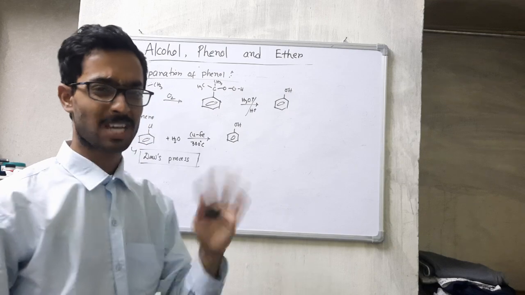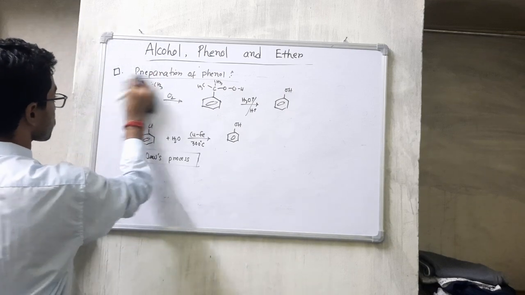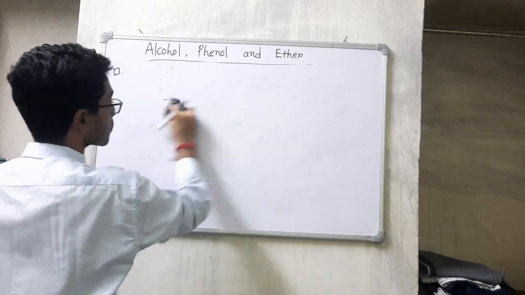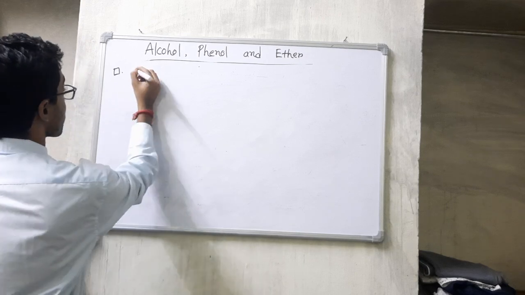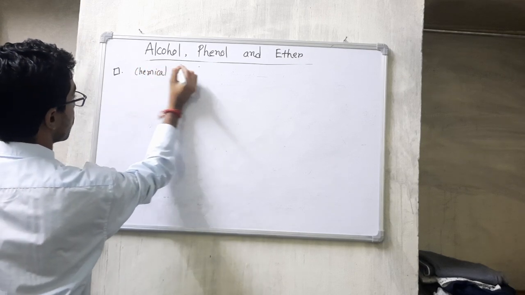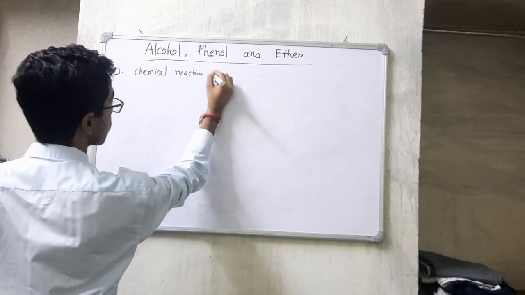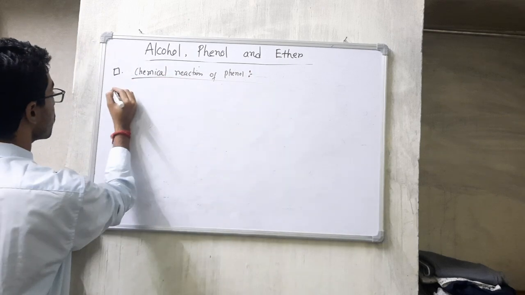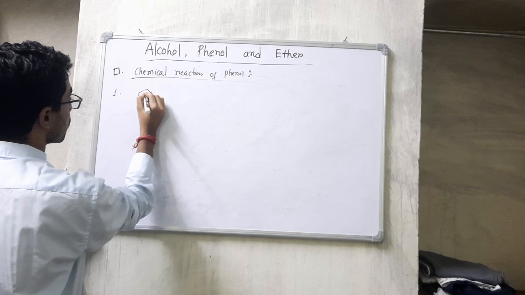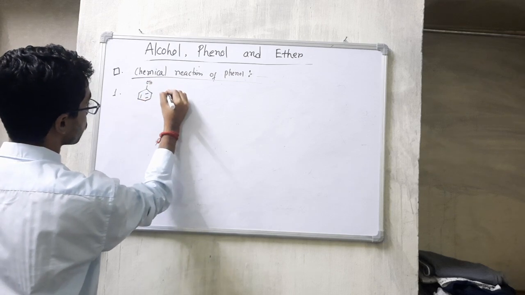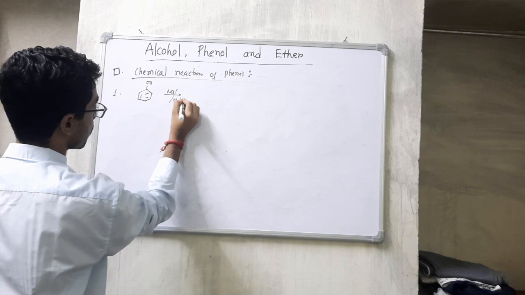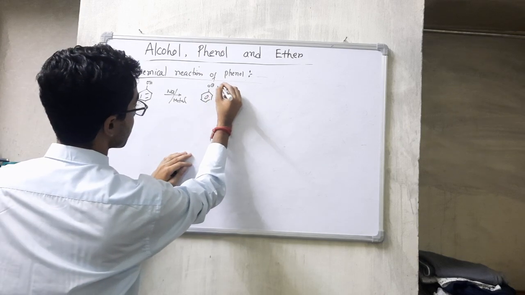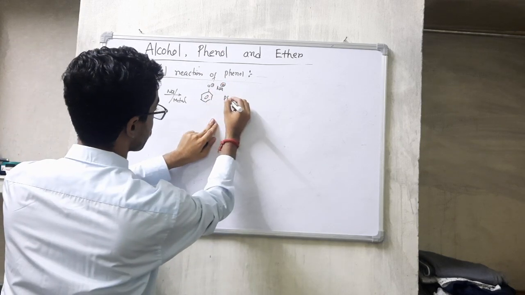So let's talk about some chemical reactions of phenol. Number 1, if phenol reacts with sodium metal or any metal, then it forms a complex, O minus Na plus, called a phenoxide ion.